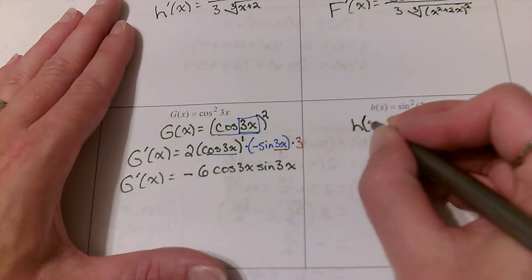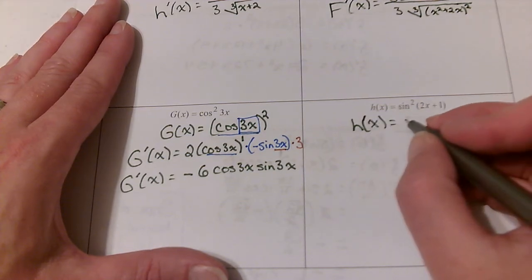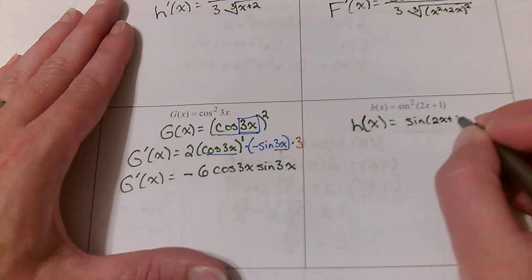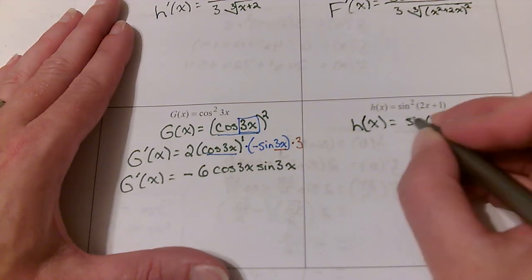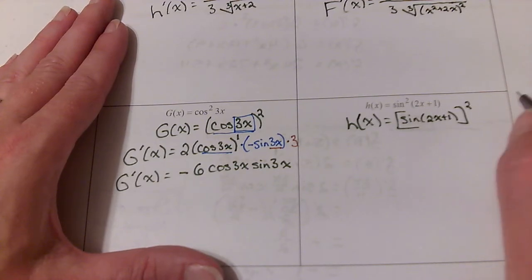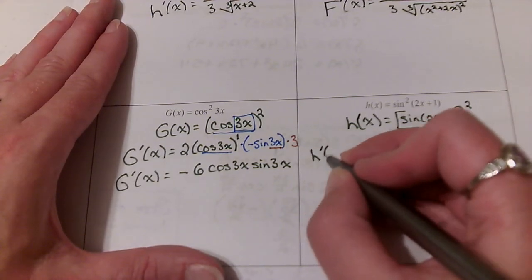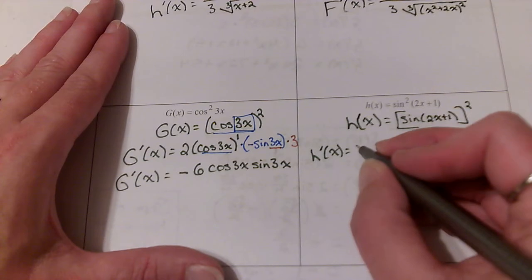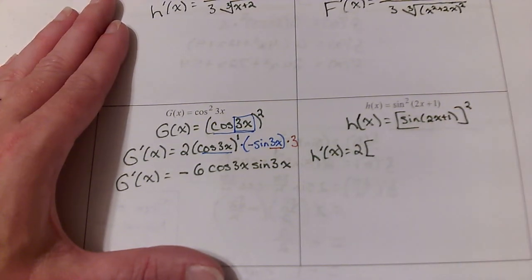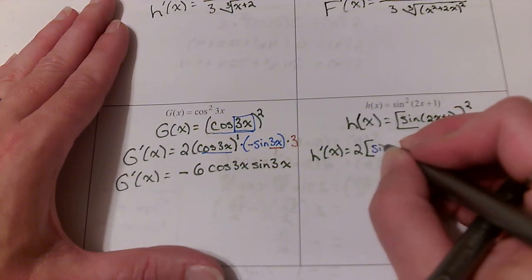Oops, let me just rewrite it first. h of x equals sine of (2x + 1), and all of that is squared. So the outer function is squaring it. So now I'm going to have 2, then whatever was on the inside. I'll try to do a different color on this one.